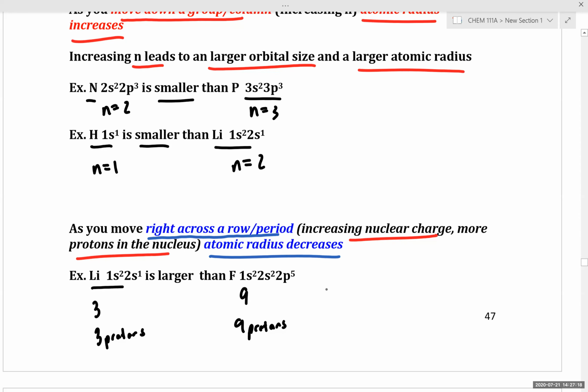Fluorine has more protons, and as a result, it has a greater nuclear charge. That larger nuclear charge is more readily able to attract our external valence electrons.